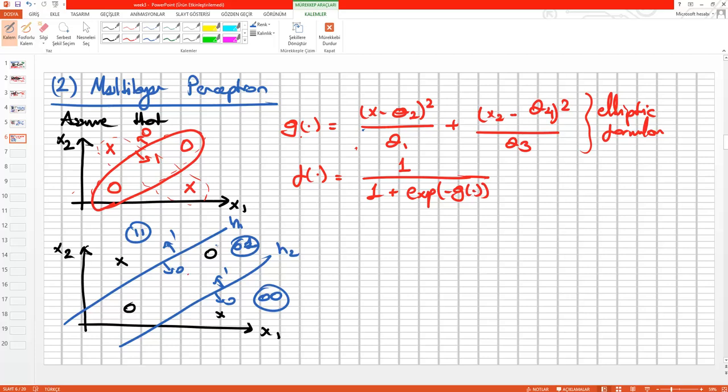So, we have this nomination, and this is the first layer of our algorithm. This is not the multilayer perceptron. But if we add these terms like this one, x1 and x2 in here, and so we have two neurons in here, we can add one more layer in here to take the output y.